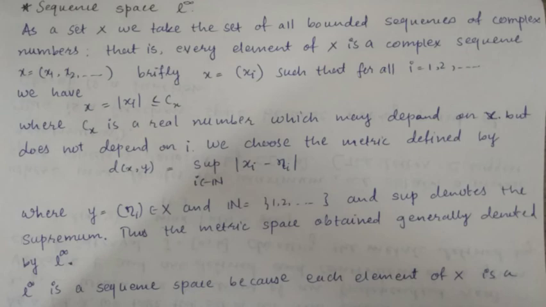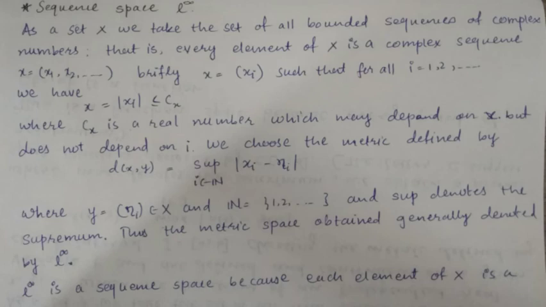Okay, the next example is the sequence space L infinity. It is also a metric space with the metric which is given over here. So first we are going to see what the space L infinity is. Suppose I take a set X whose elements are bounded sequences of complex numbers.